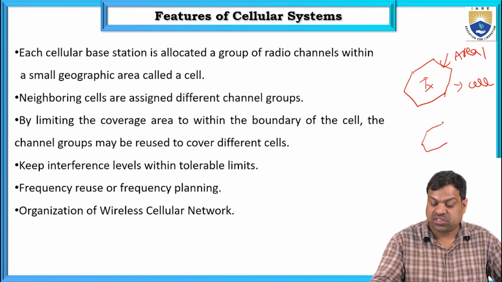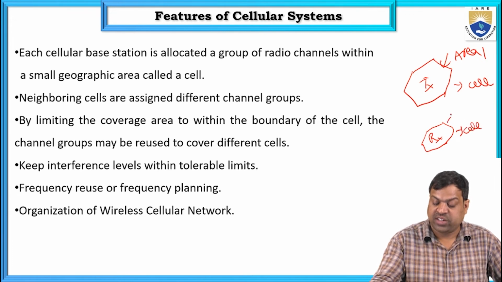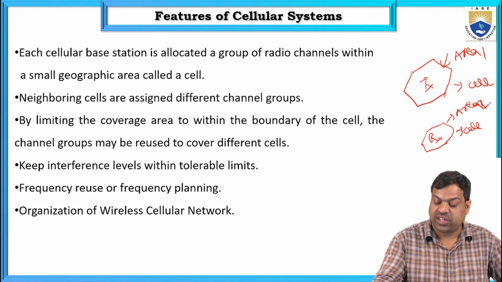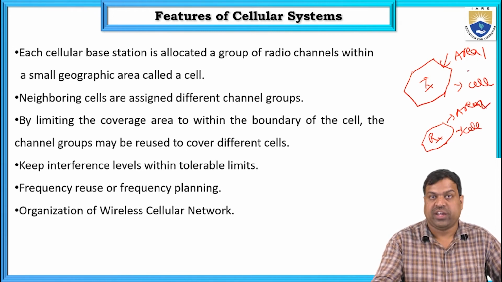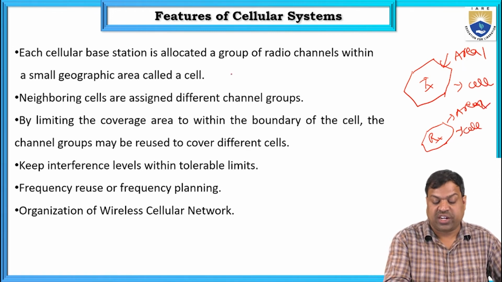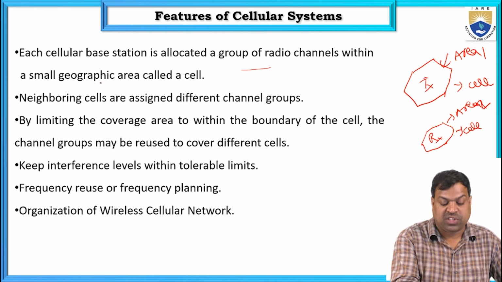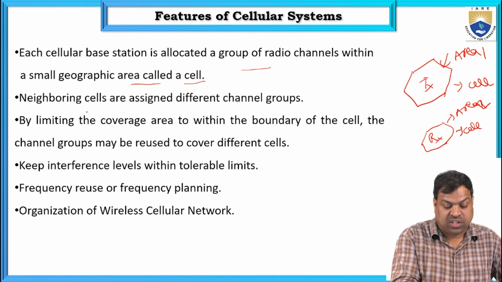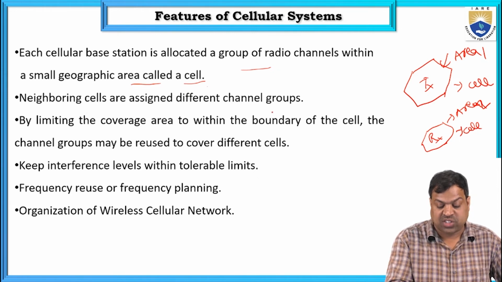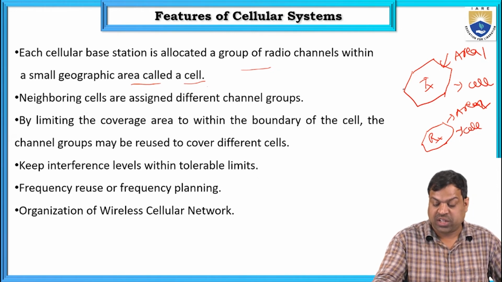Another person is there, whom I am taking as a receiver. He is in a cell, area 2. So as per geographical area, each cellular base station is allocated a group of radio channels within a small geographic area called a cell, and neighboring cells are assigned different channels or groups. Suppose I am taking another one here.